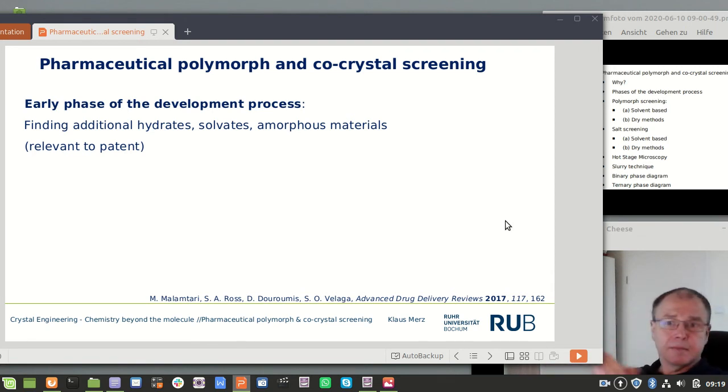Each of these classes, not only one compound but classes of hydrates and classes of solvates, is relevant for patents.